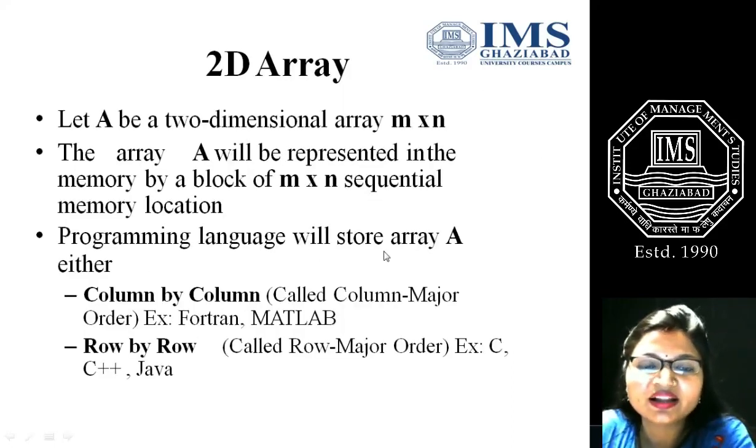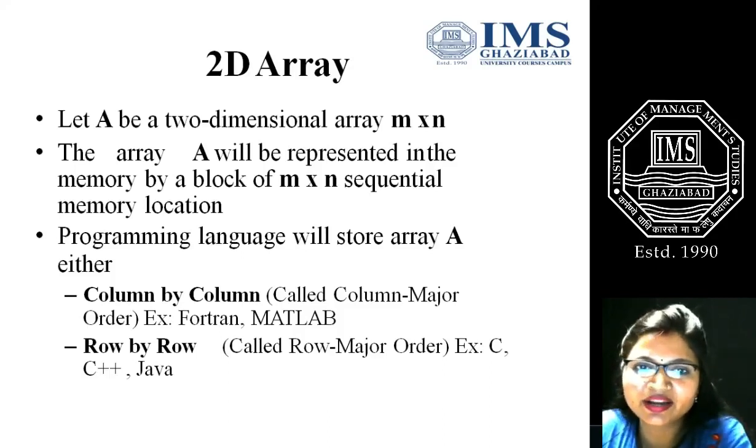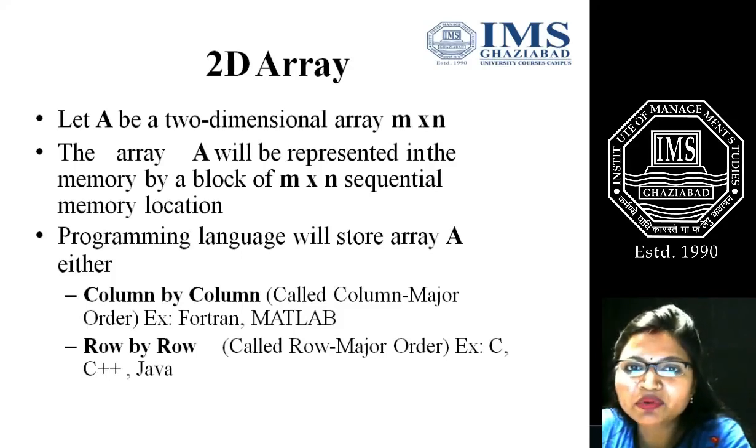So let A be a two-dimensional array with m cross n, means m rows and n columns. We represent the m cross n elements of the array in sequential memory locations. There are two ways in which we can store the elements of an array in memory: column by column and row by row.